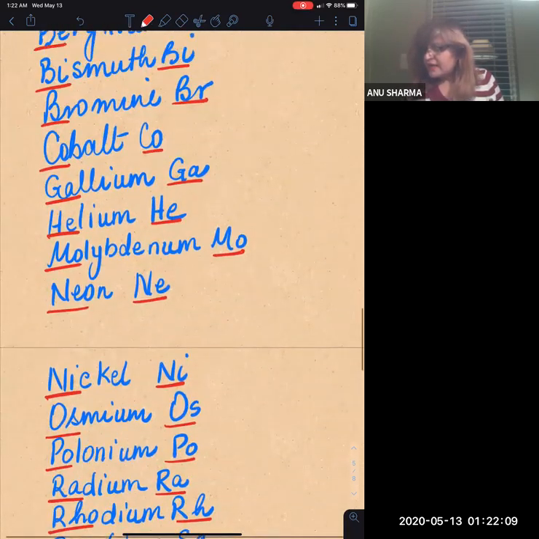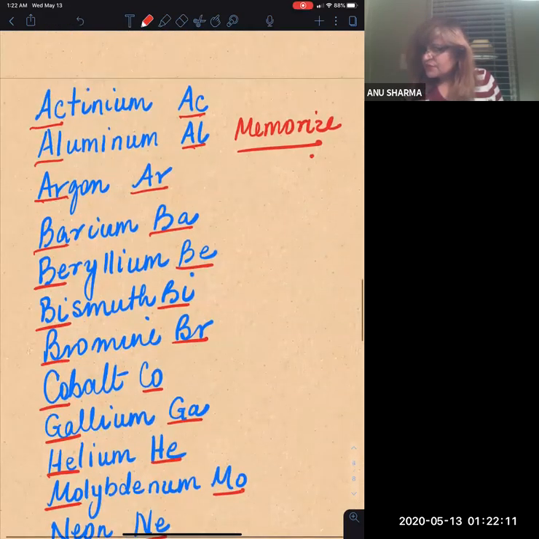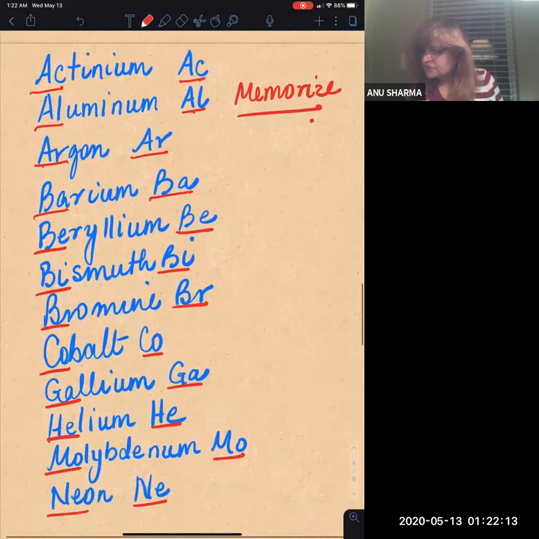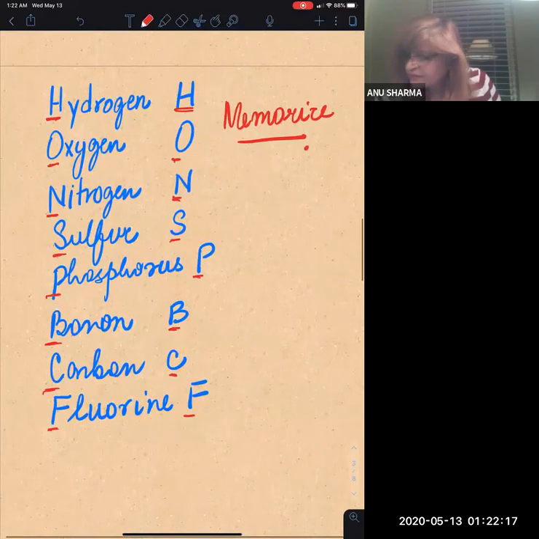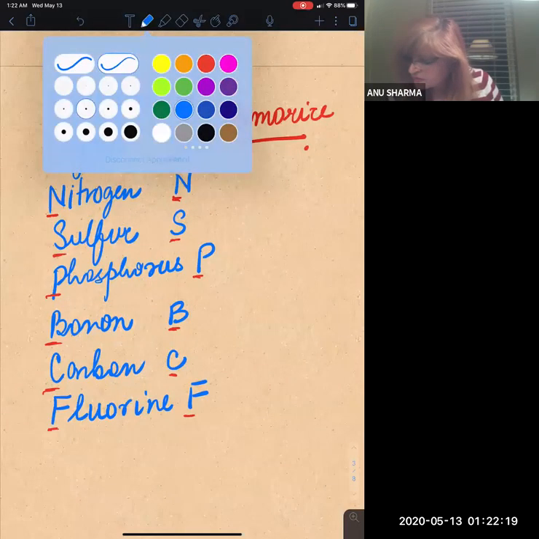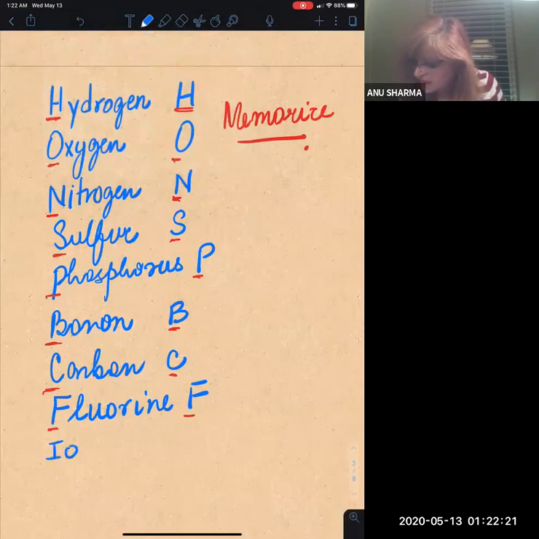All right, and then similarly, in this case we were looking at the first two letters, and this is the same thing over here. But here I left out a few, and let's add them because they are not mentioned. This is iodine.